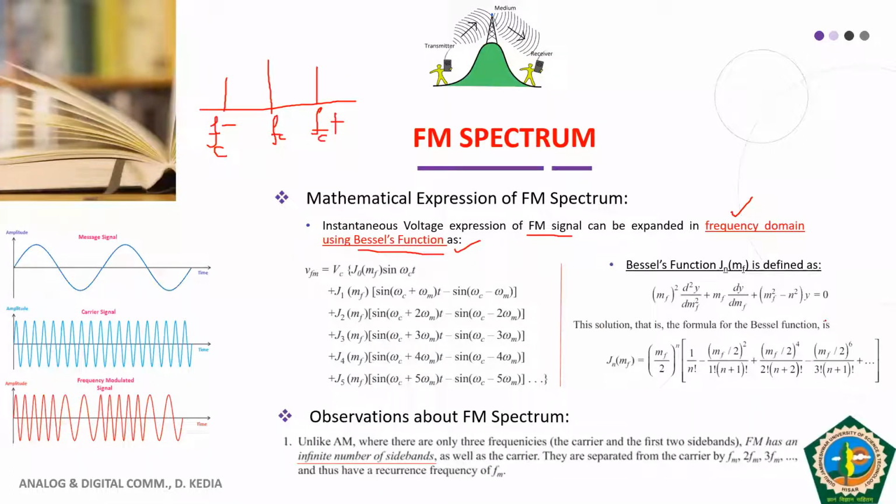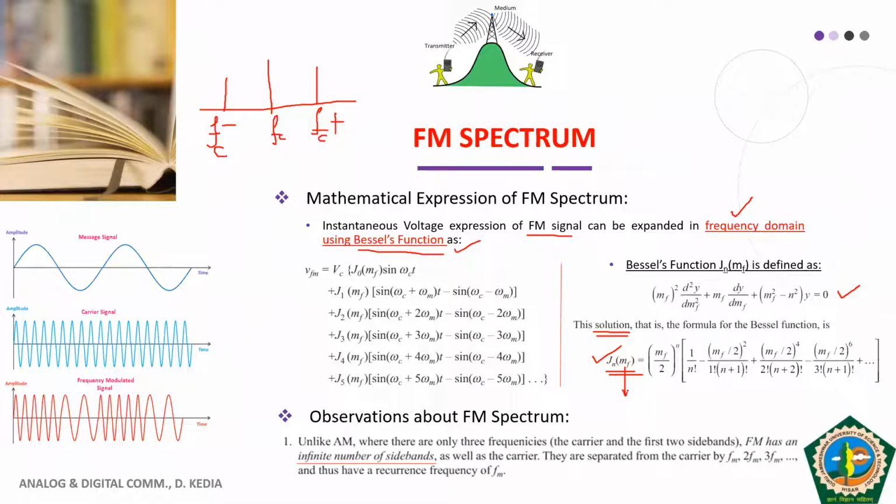Just for your reference, I have put the definition, where the Bessel function is defined by a differential equation as shown below. If you solve this differential equation, you get this solution. And this J with MF is your Bessel coefficient. These are different Bessel coefficients, and MF is what?